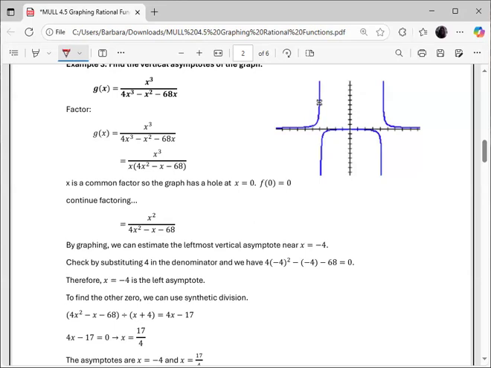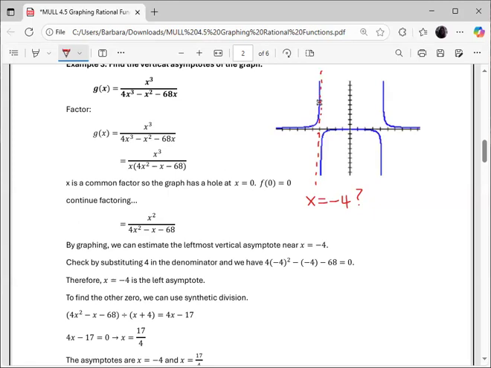So to help us, let's use our graph. I copied and pasted it over here, and I'm seeing that -4 might be a vertical asymptote on this graph. That's what it appears like. There's a couple ways to check.